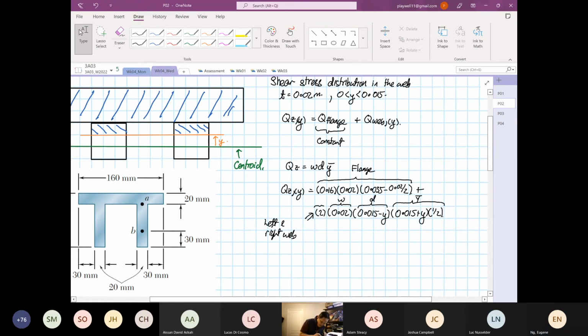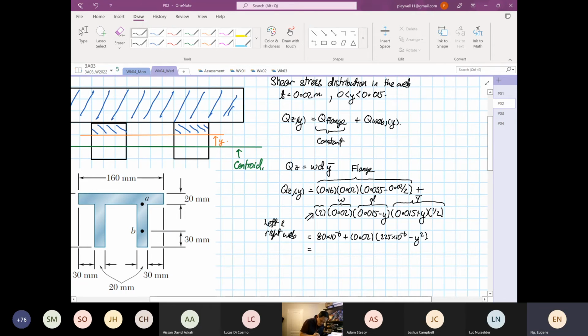So from here, this will be equal to 0.035 minus 0.02 divided by 2, times 0.02, times 0.16, which is equal to 80 times 10 to the power minus 6. And then you have plus, so it's still 0.02 because the 2 and 0.5 cancel off. So this will be equal to 0.015 squared, which is 225 times 10 to the power minus 6, minus y squared.